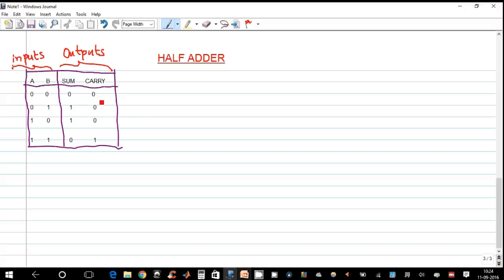So the half adder is nothing but a single bit adder circuit that receives two inputs, A and B, and gives two outputs, sum and carry. Let's see what this black box consists of.